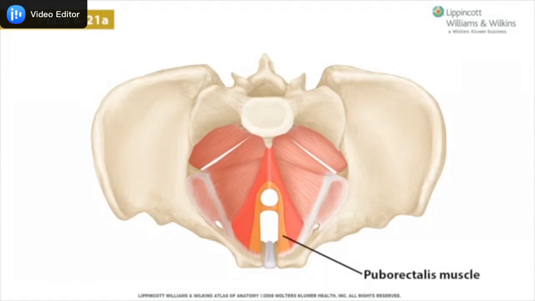The left and right puborectalis muscles originate on the posterior aspect of the body of the pubis, lateral to the pubic symphysis, and pass along the lateral sides of the rectum, uniting in the midline posterior to the rectum to form a sling around the rectum.